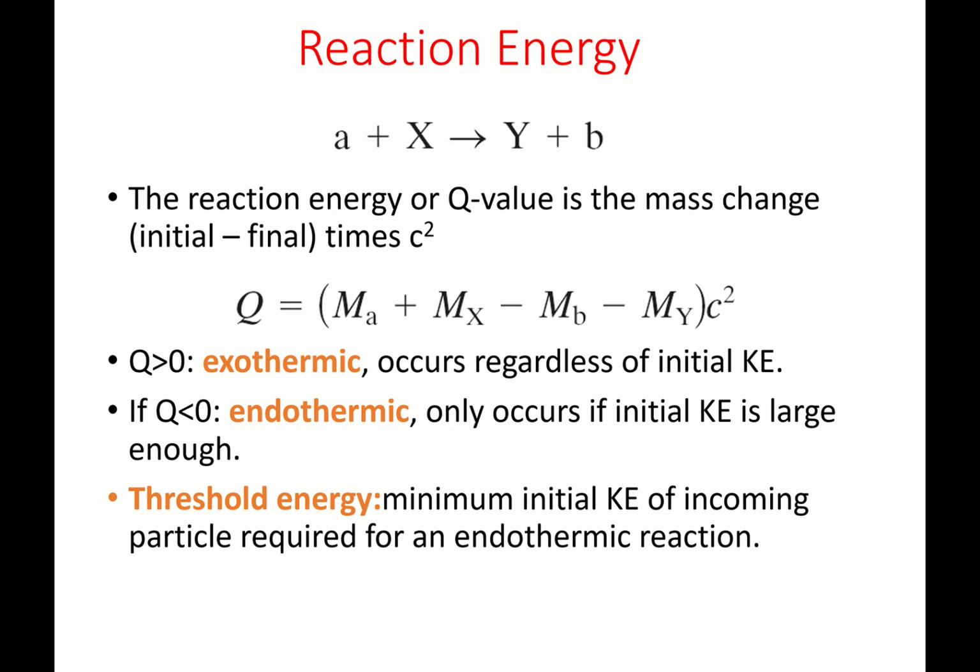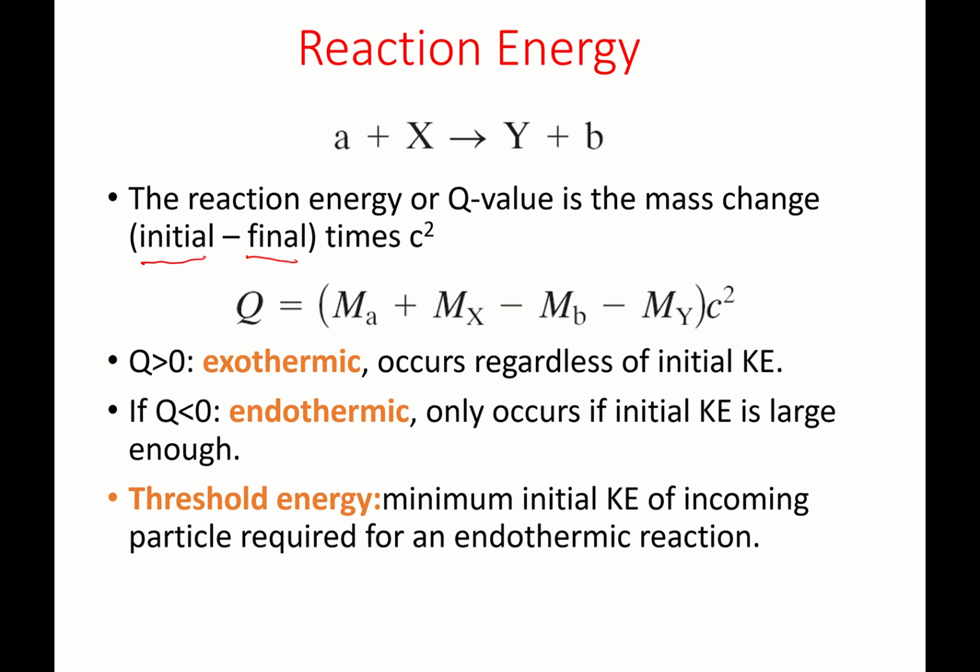So the reaction energy, or the Q value, is just going to be the mass change between the two sides of the equation. So it's the initial mass minus the final mass times c squared. And it's important that you get them in the right order. You do what you start with minus what you end with, so that we can tell whether it's exothermic or endothermic, whether it releases energy or absorbs energy.